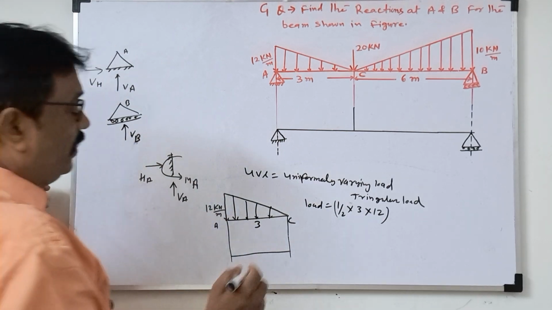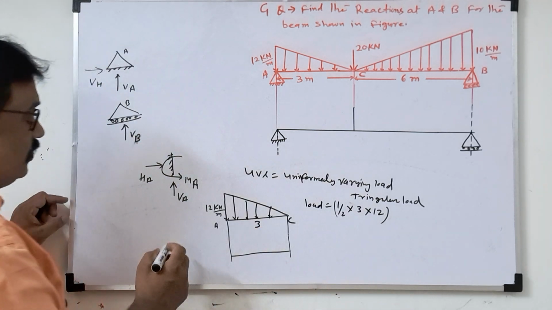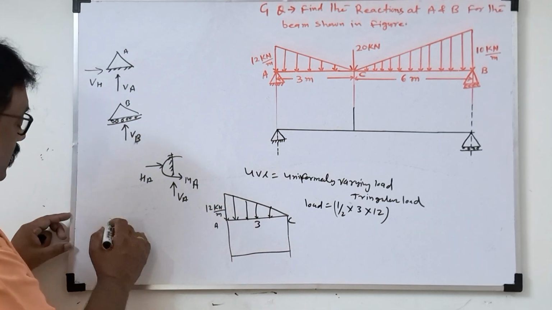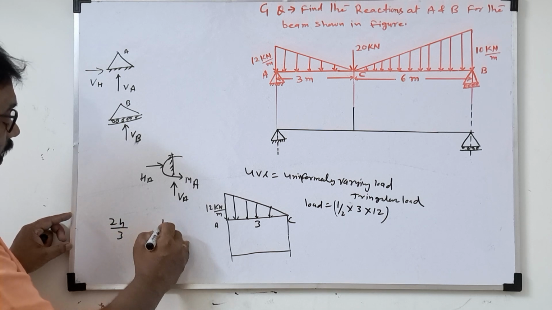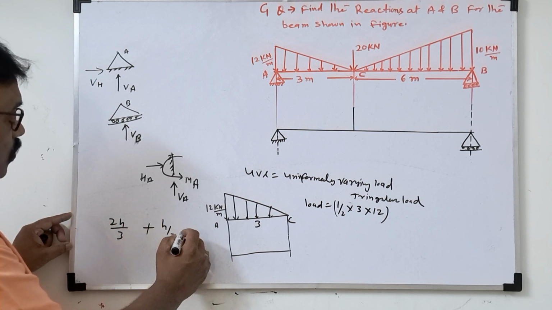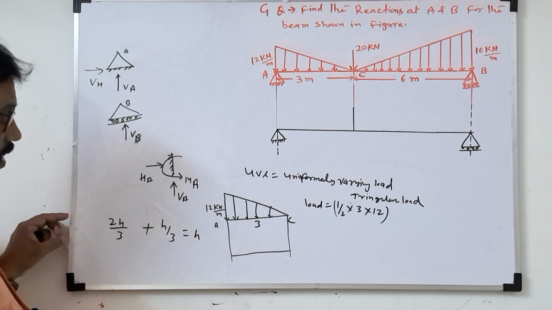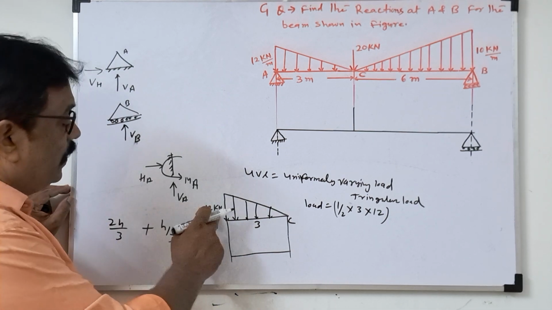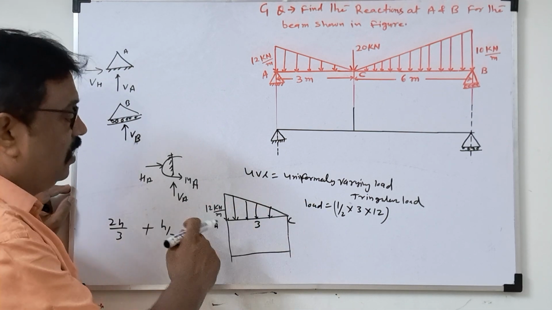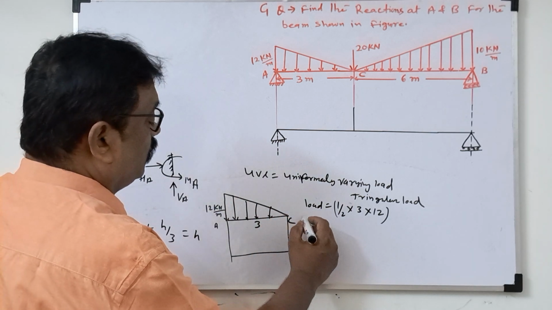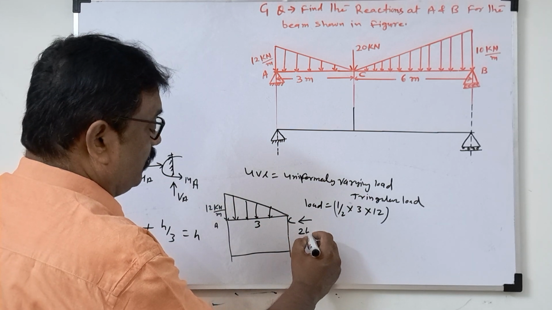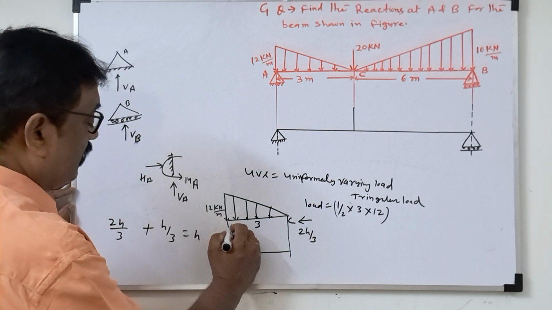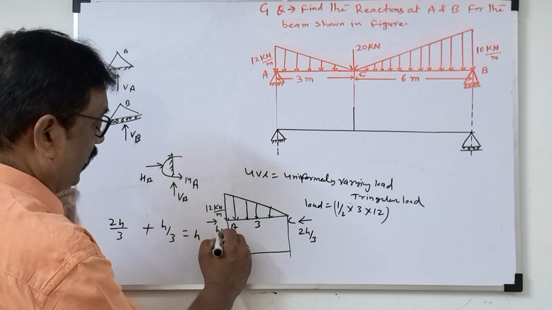Then what is the center of gravity point? The center of gravity point will always be at 2h by 3 and h by 3. If you add these two, it comes to h. So how to remember which side is 2h by 3 and which side is h by 3? The lower section always gets 2h by 3 and the bigger section always gets h by 3.